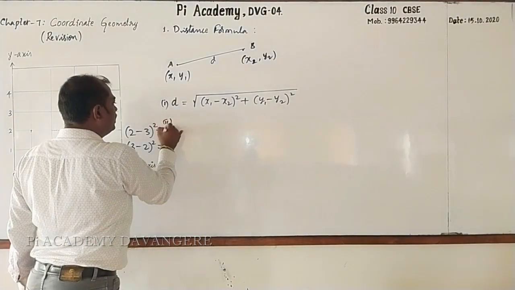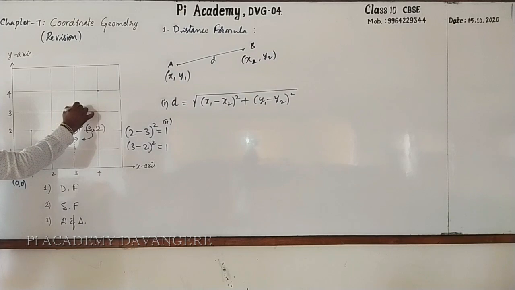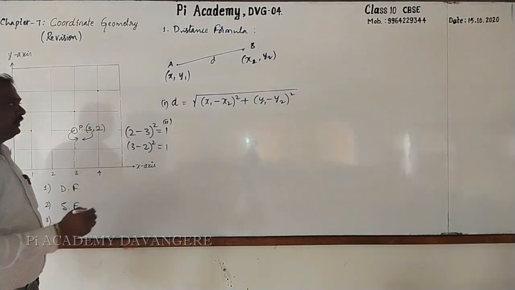That is, if the point is measured from the origin, you all know that the coordinates of the origin are 0, 0. And you may take any point on the Cartesian plane, call it x, y.